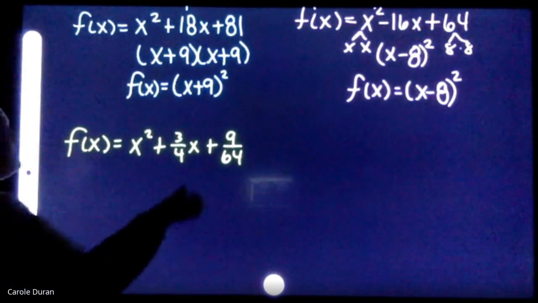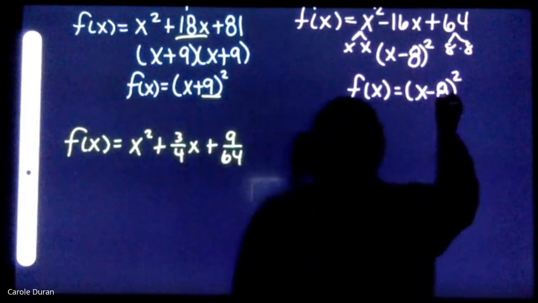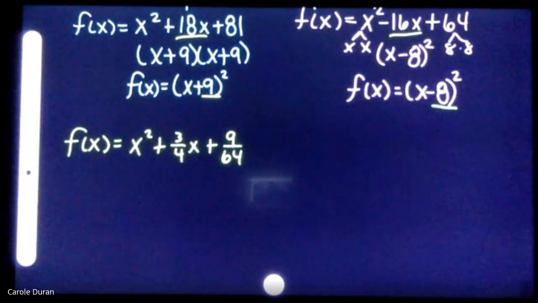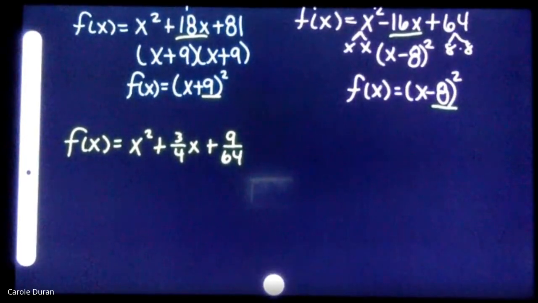I want you to look specifically at our factors in our middle terms. What relationship do we see happening? Anybody? 3 can go into 9 and 4 can go into 64.